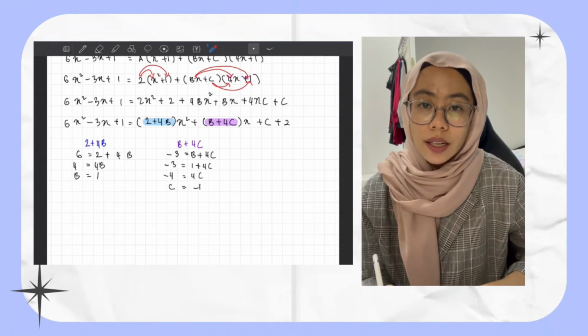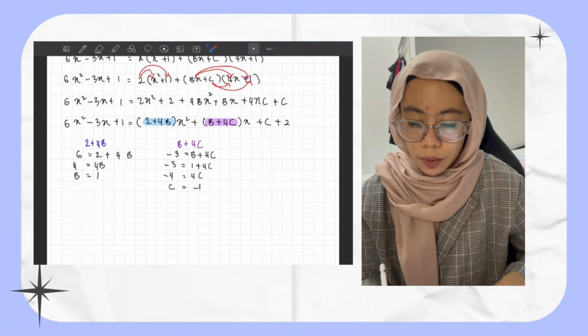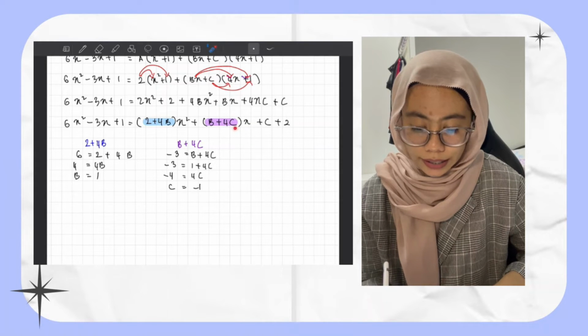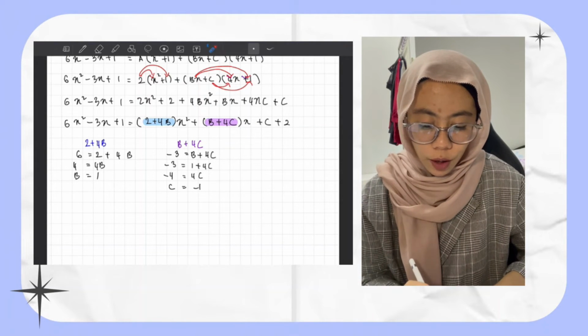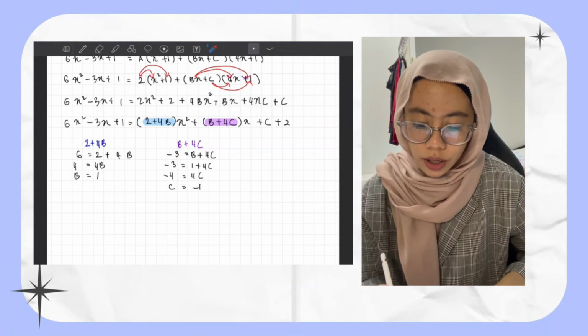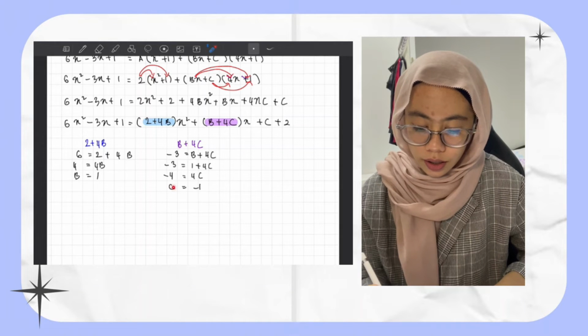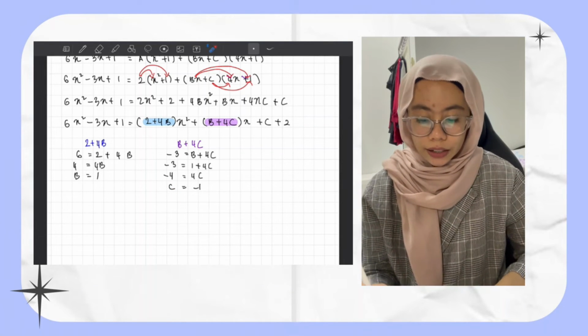The last one is for c. The x coefficient is here, b plus 4c. We take -3 from here and compare it: -3 equal to b plus 4c, and c is equal to -1.